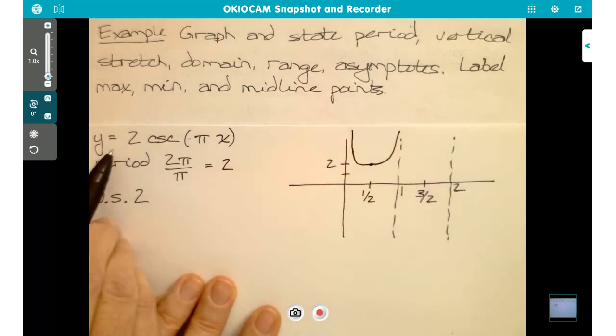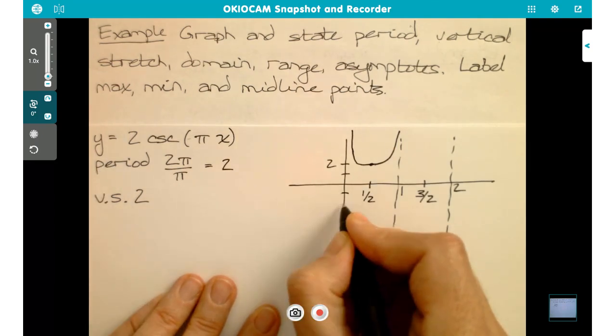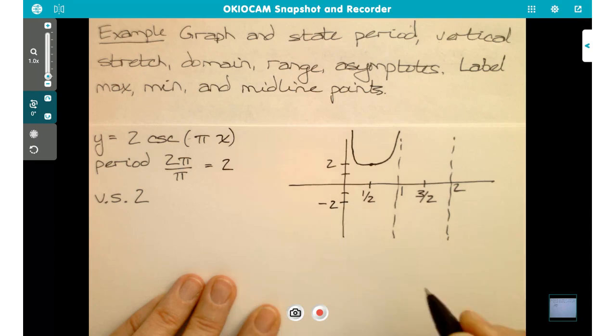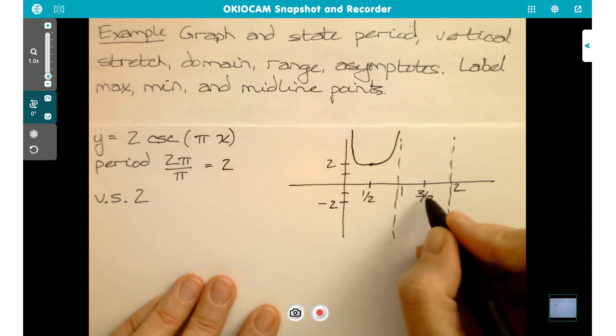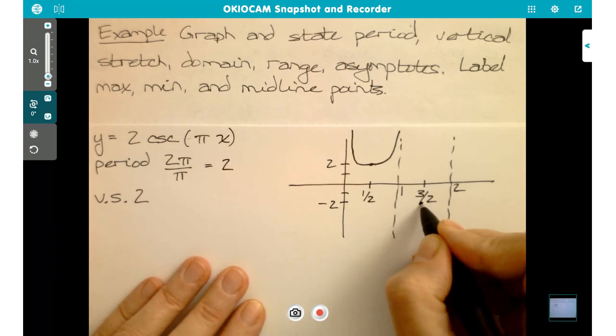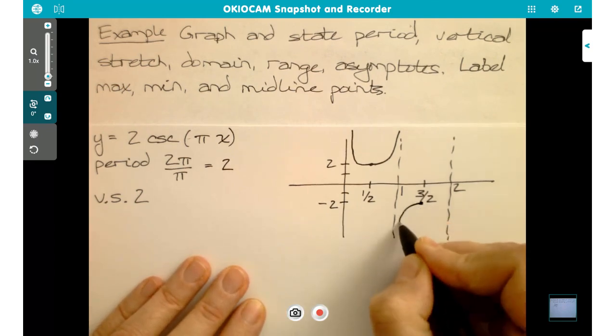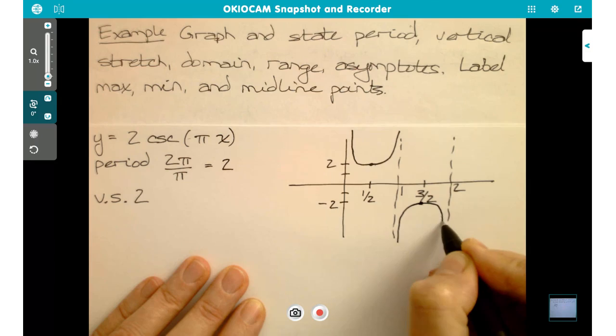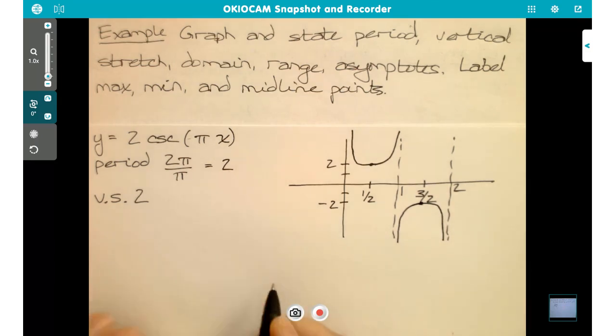If I had a negative here, I'd get a reflection and the downward facing piece would go first, but I don't, so it doesn't. And instead of the maximum being at -1, this stretch is going to stretch it down to -2, and I have my downward facing part here. And there's the graph. That's actually done.